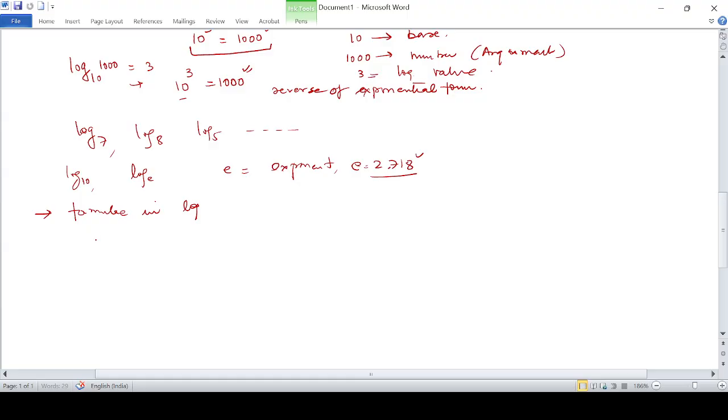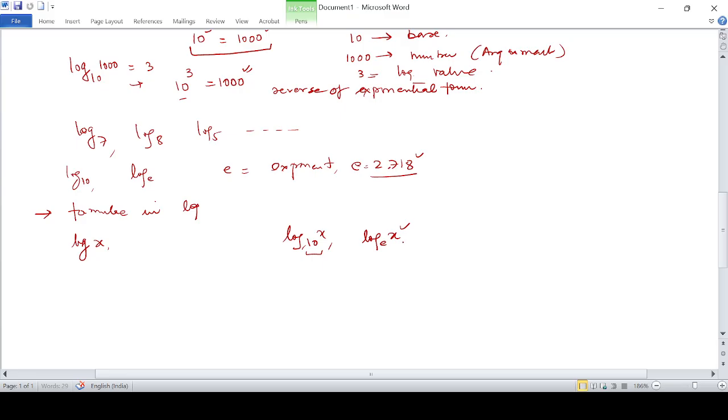We just generalize, using variables. When we simply write log x, it is presumed that it is either log base 10 of x or log base e of x. But because 10 is a known number, we always use variables.